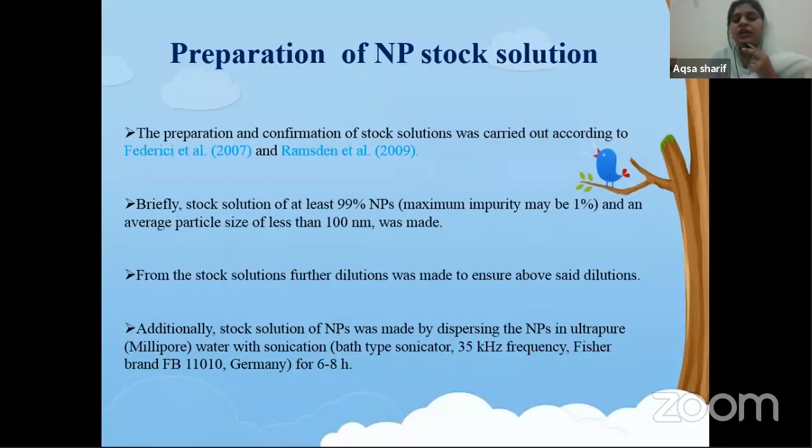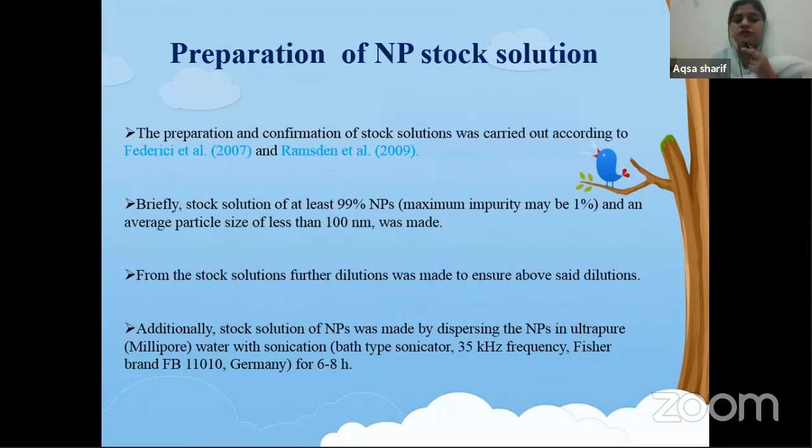And here the nanoparticle stock solution was prepared. The preparation and confirmation of stock solution was carried out according to Frederici and Ramsden, following their methods. Briefly, a stock solution of at least 99% nanoparticles, with maximum impurity about 1%, and an average particle size of less than 100 nanometer was made.